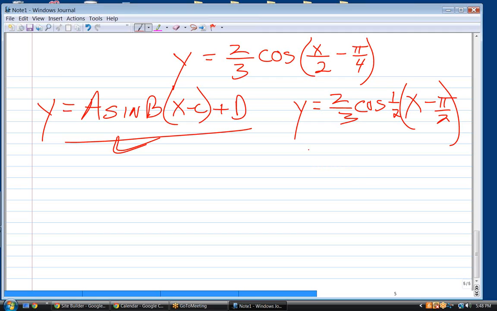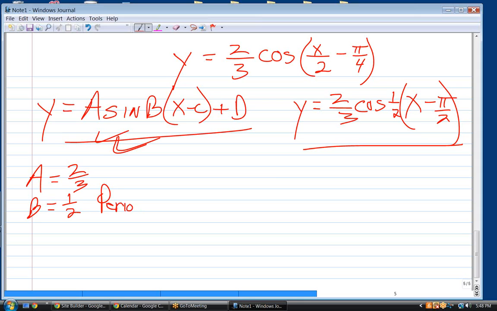Now that I have this in this format, let's go through. What's A? A is 2/3. What's B? 1/2. What's the period? Period is 4 pi. What's C? Positive pi over 2.